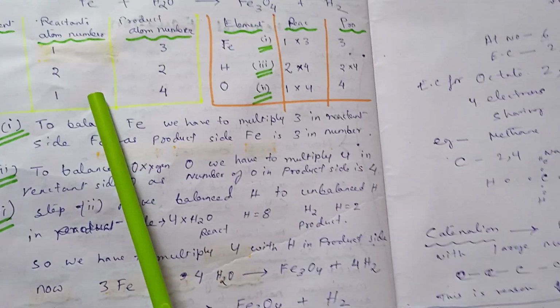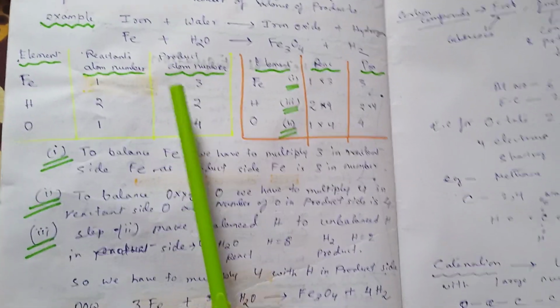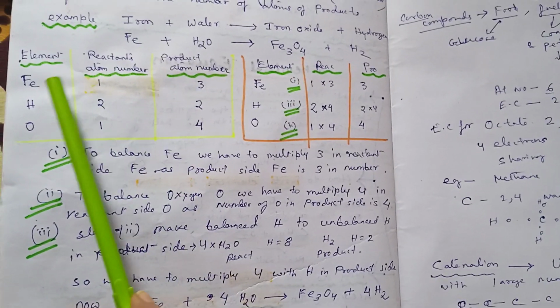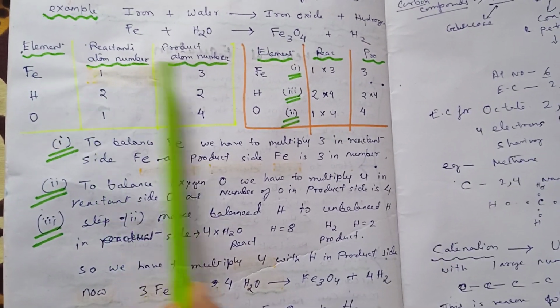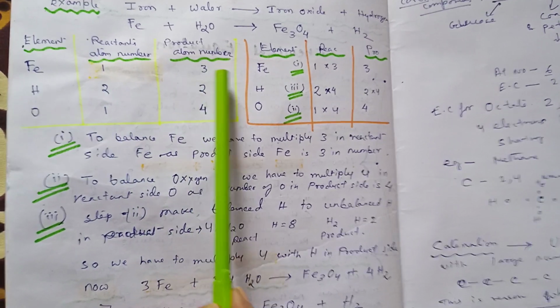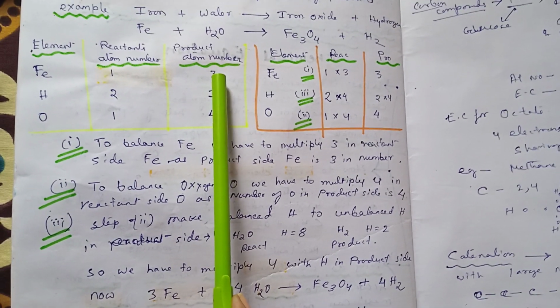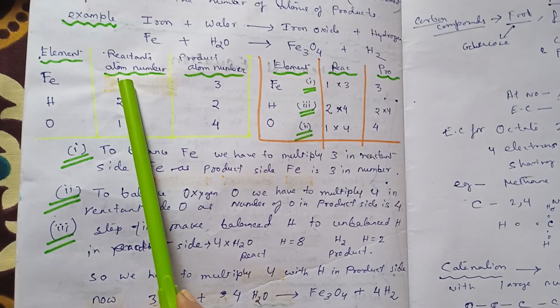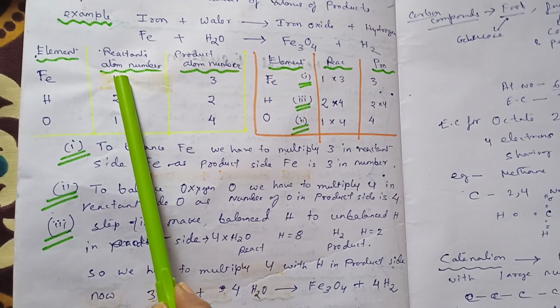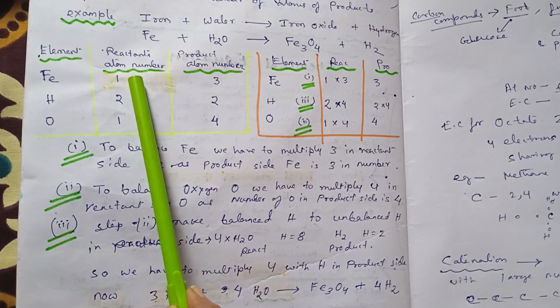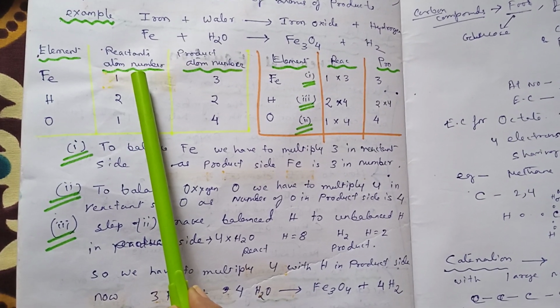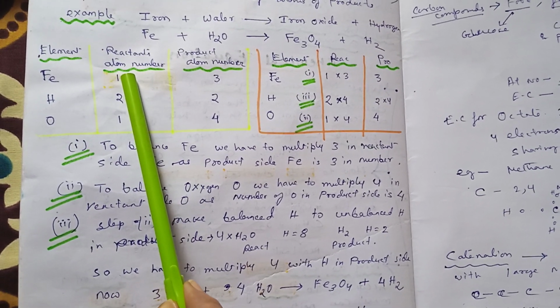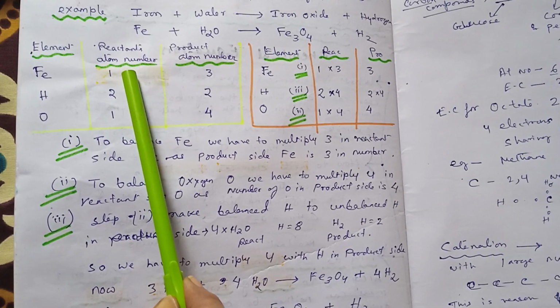Now we have to balance. First of all, we have to make Fe equal on both the reactant side and the product side. We can see the product side has 3 Fe atoms and the reactant side has 1 Fe atom. So how to balance it?